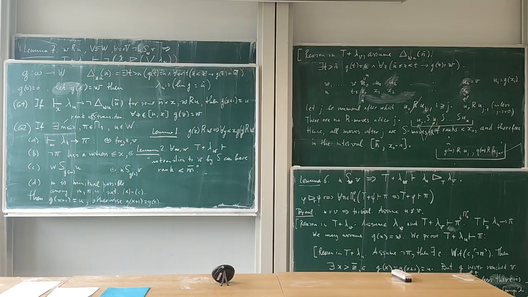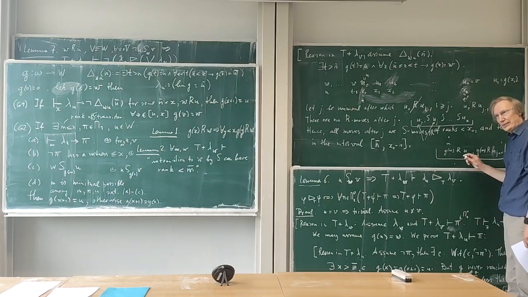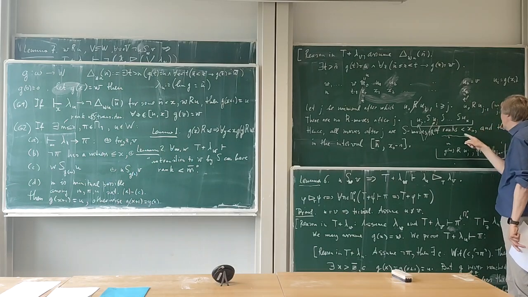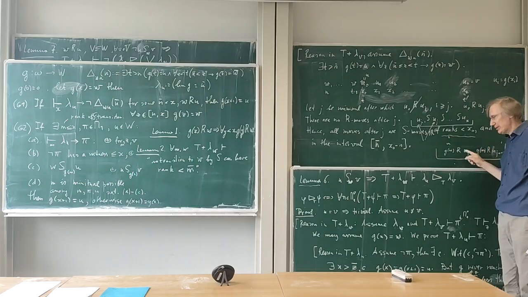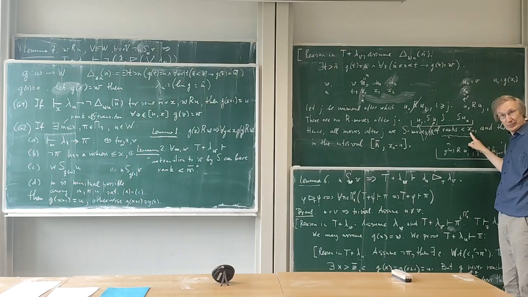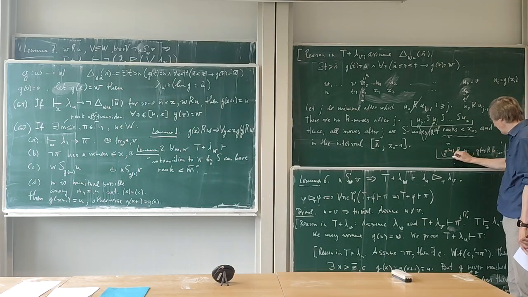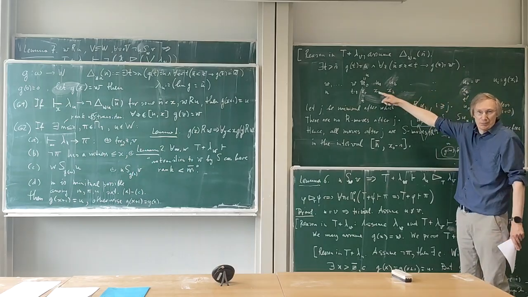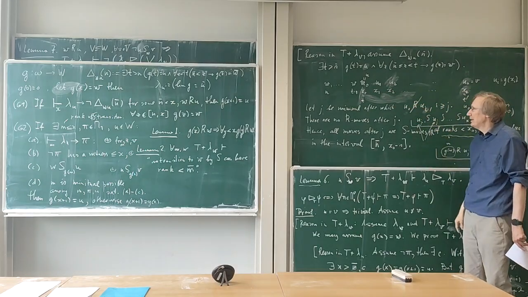Once again, we are actually claiming that the rank should be less than x0. So this m should be less than x0. If it is bigger or equal to x0, then this g of m is one of these xi's.